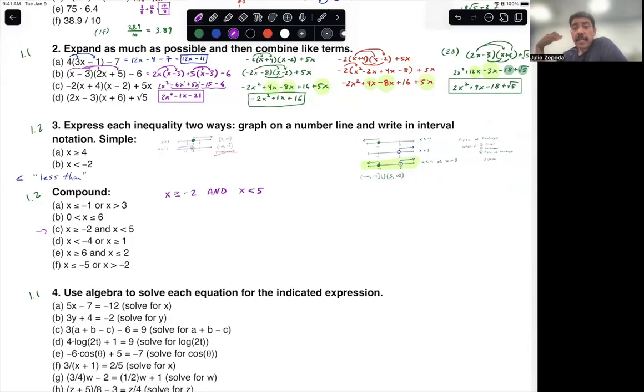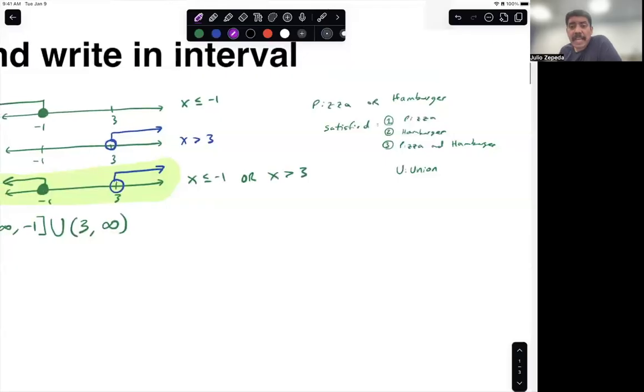If I said, hey, I want to get home and I want to eat pizza and a hamburger, would I be satisfied with just pizza? No, I'm not going to be satisfied there. Would I be satisfied with just a hamburger?